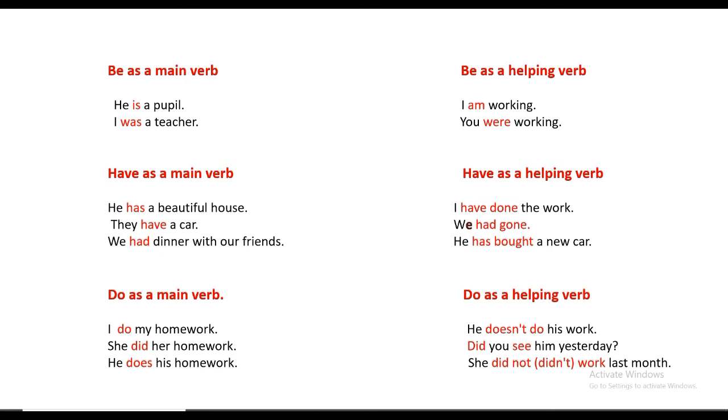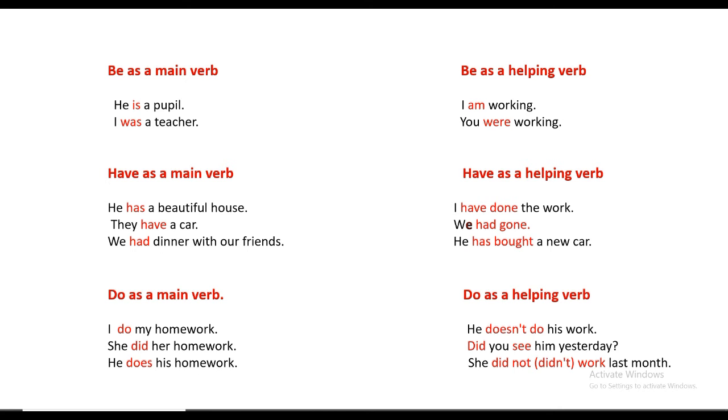Do as a main verb. I do my homework. She did her homework. He does his homework. In these three sentences, do, did, does are main verbs. Do as a helping verb. He doesn't do his work. Did you see him yesterday? She did not work last month.